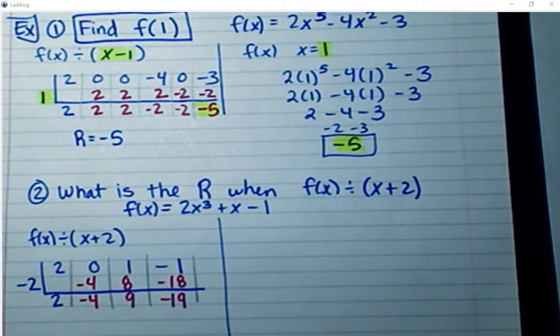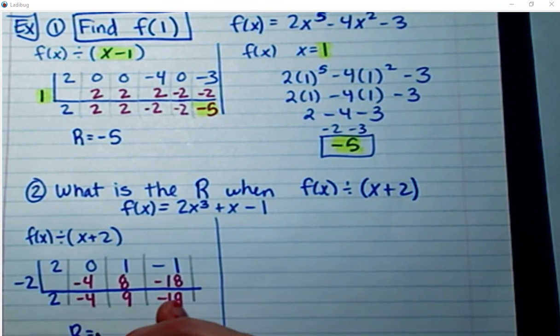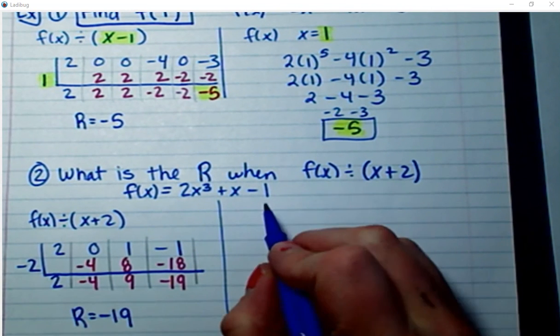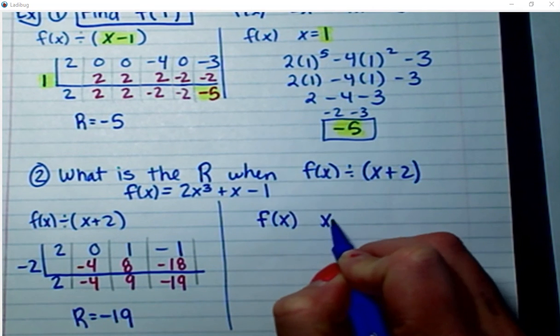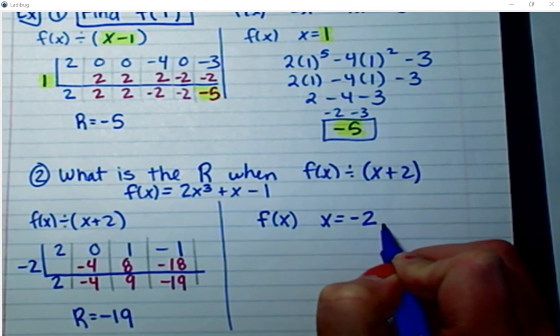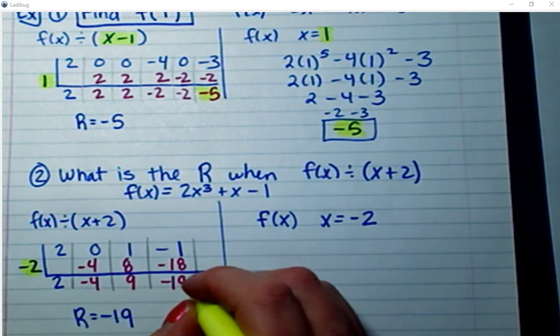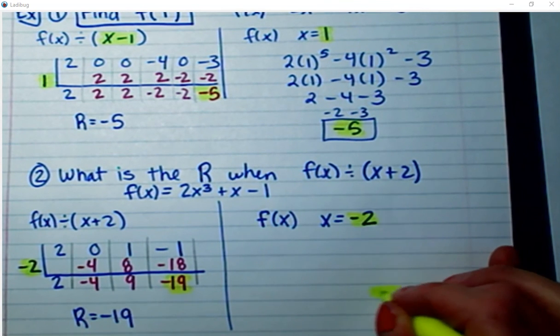Okay, so the remainder is -19. Seems simple enough to set up division. Okay, but what if f of x when x is -2? Notice, right? -2, remainder. -2, the y-coordinate.